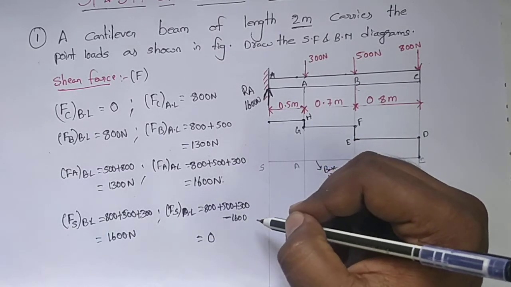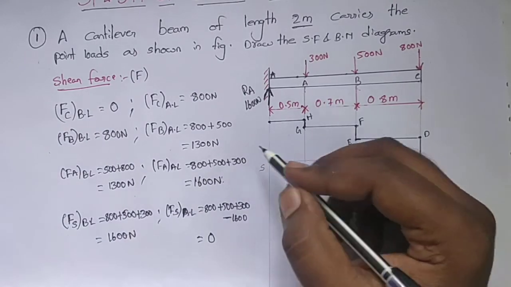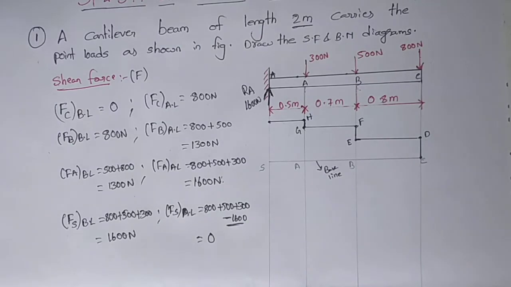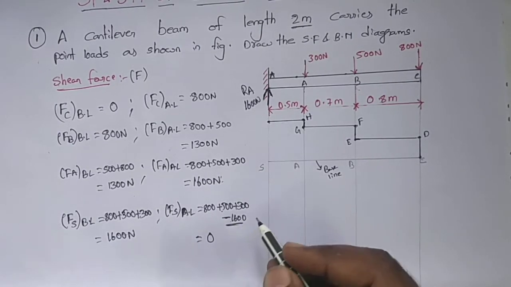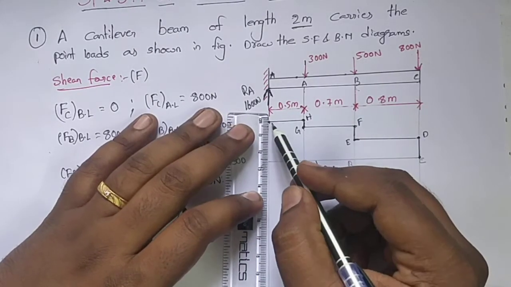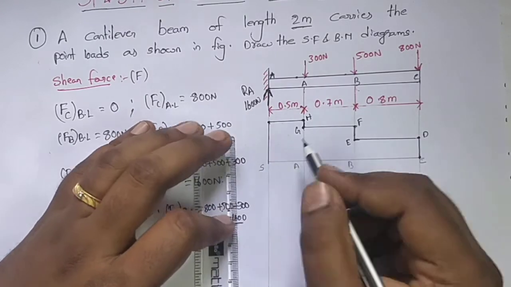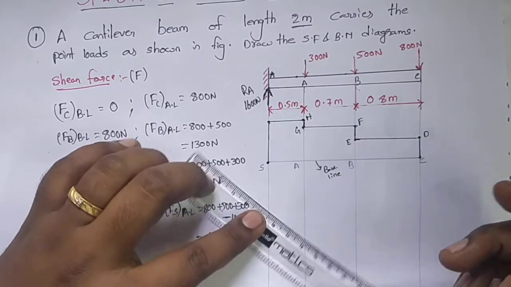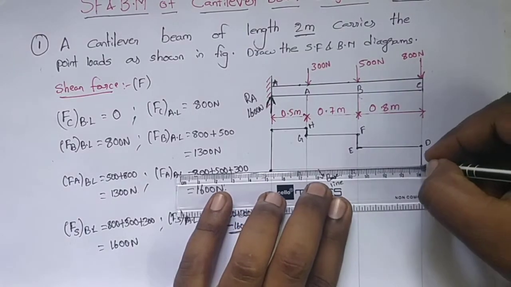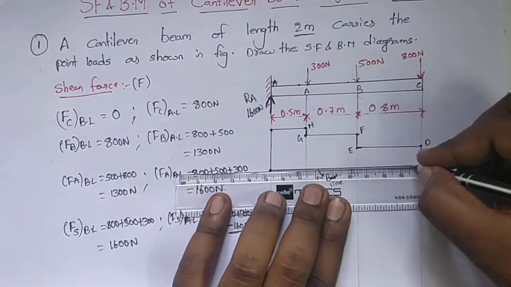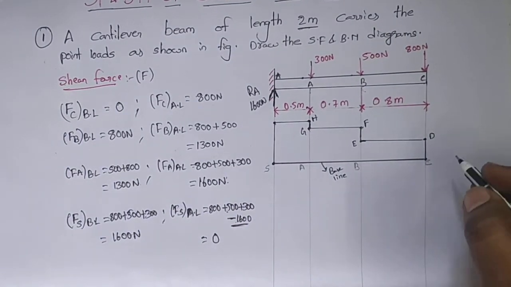Reaction force is taken in the upward direction, so it will be noted as minus 1600, so 1600 minus 1600 gives 0, so the shear force diagram line reaches 0. 0 is nothing but the baseline position. It is the shear force diagram of the given cantilever beam.